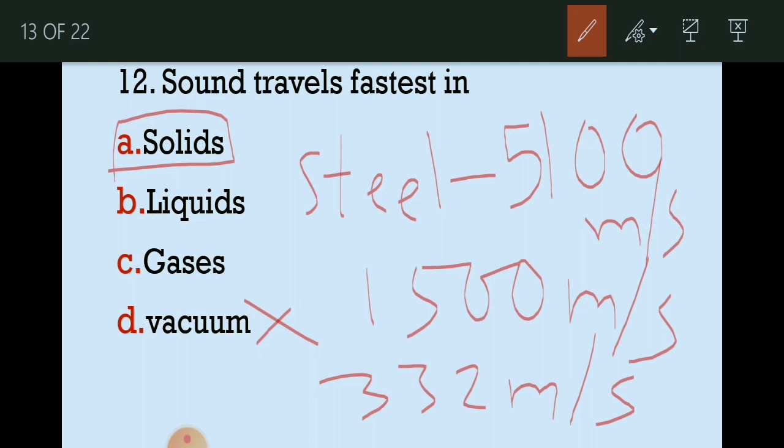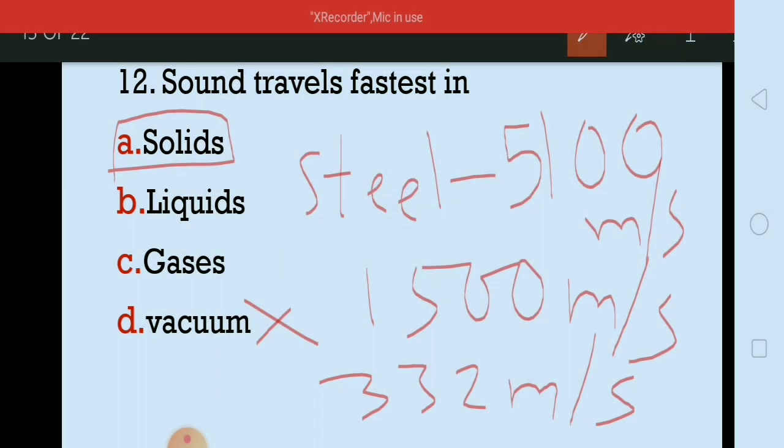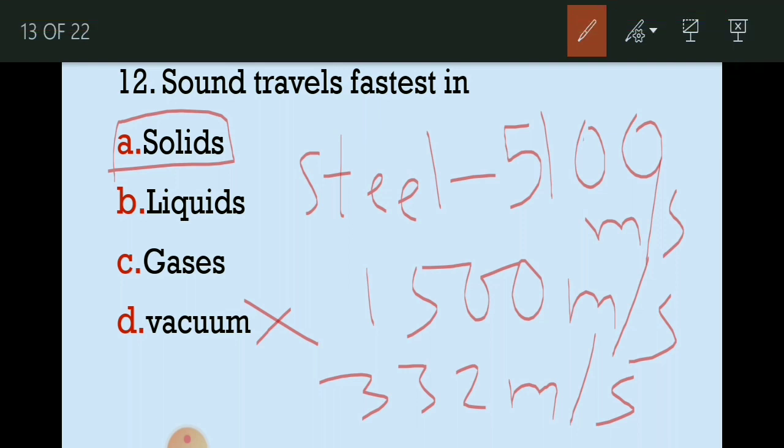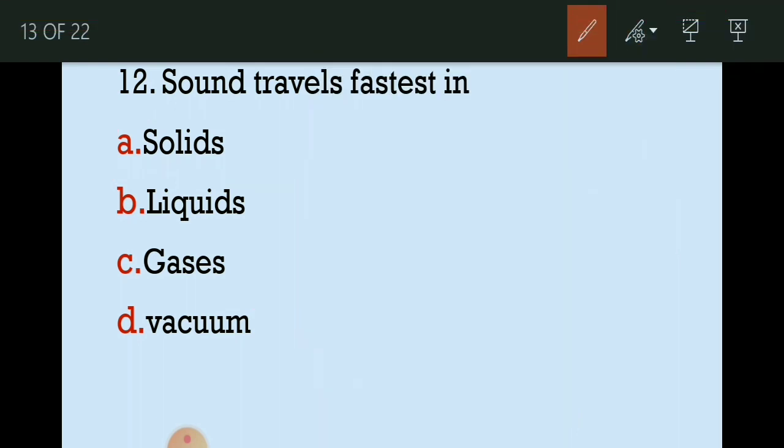Another thing I want to tell you regarding this: in the rainy season, we can easily see the lightning. First we see the lightning, then after some time we can hear the thunder. What is the reason behind that?